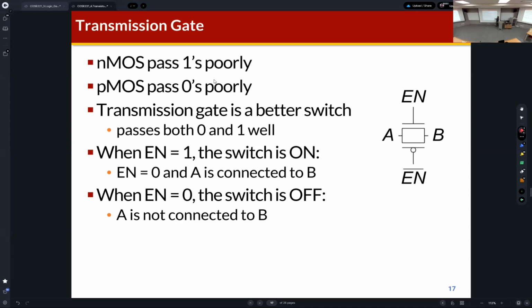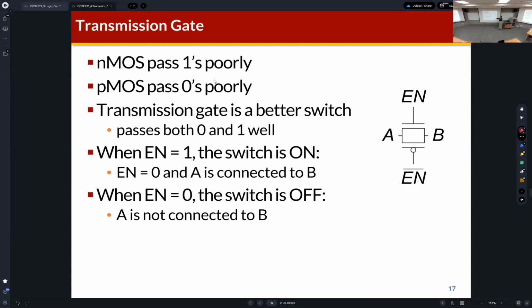But you may think, oh, why do we need two different types of transistors? Because I already explained that a transistor is a controllable switch. So basically, a transistor is a switch. In order to build this switch, which is also a switch, right, connected or disconnected based on the enable signal, we need to combine a PMOS transistor and an NMOS transistor.